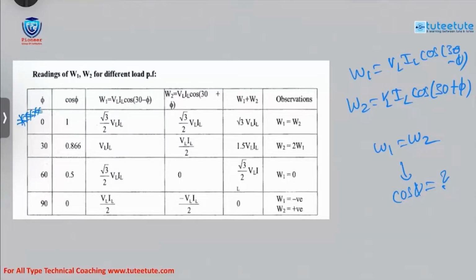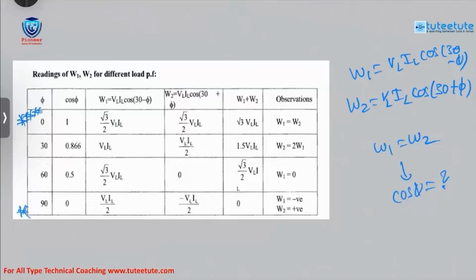And one more is this one. The total table is important, but in many examinations these are repeated. If W1 is equal to W2, what is the power factor? Just remember this formula and make W1 equal to W2. What will come? Cos φ is equal to 1 will come. If you solve the equations, you will get cos φ is 1.